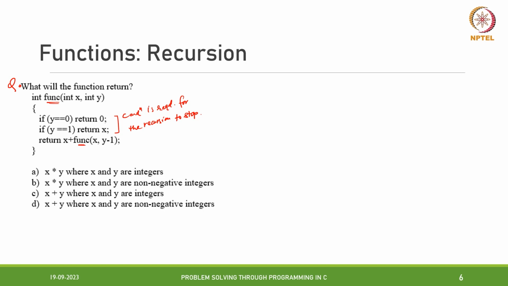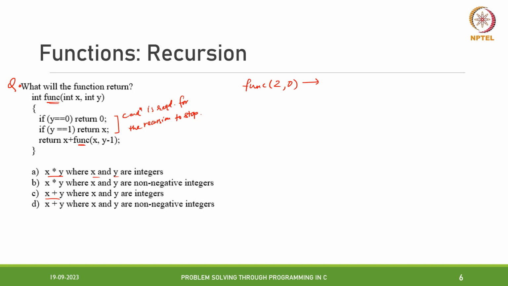You can see that there are two possibilities, x plus y and x multiplied by y, and x and y can be either positive or negative integers, or particularly non-negative integers. So let's start with the most special case, which is non-negative integers. I'll just take some random values. First I will take, say, x equals 2 and y equals 0. So what will be the return value from there?